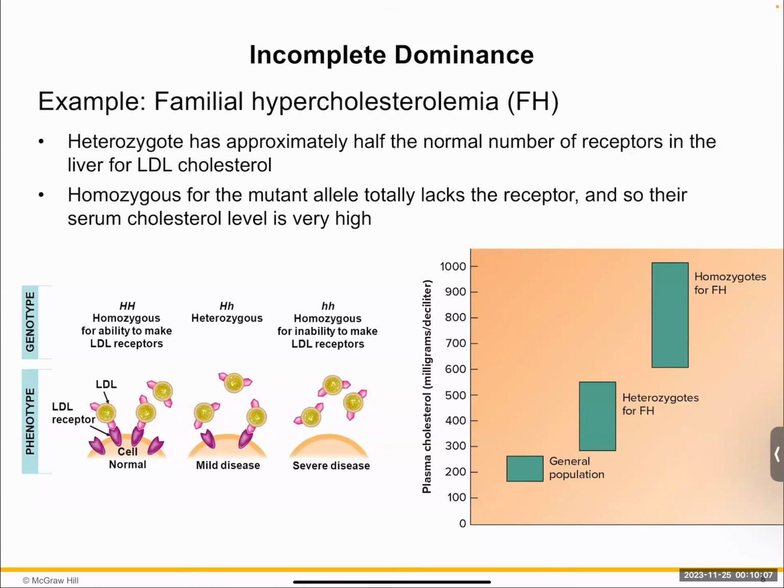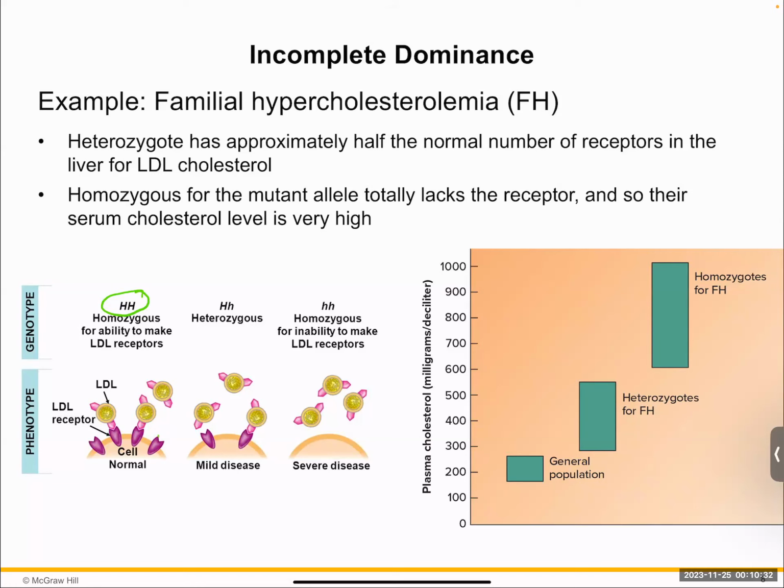Another example of incomplete dominance is a medical condition that leads to an elevation of cholesterol in the bloodstream. It's known as familial hypercholesterolemia. Again, we have 3 scenarios. With the homozygous dominant, you're identified as a normal individual.